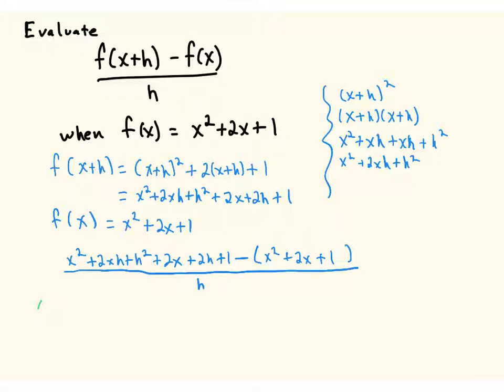Okay, so what we will have then is x squared plus 2xh plus h squared plus 2x plus 2h plus 1 minus x squared. So we'll distribute the negative, so we'll have minus x squared minus 2x minus 1. Again, this is over h.